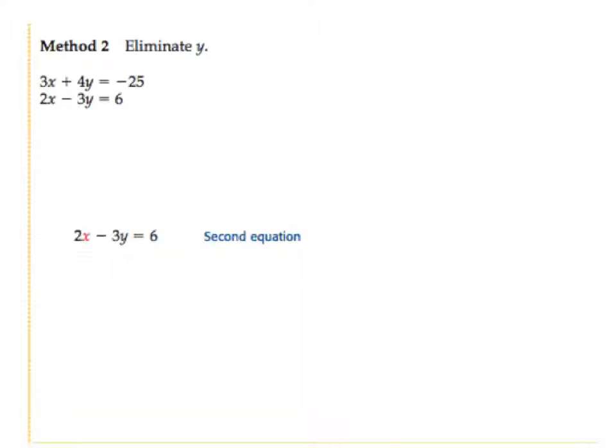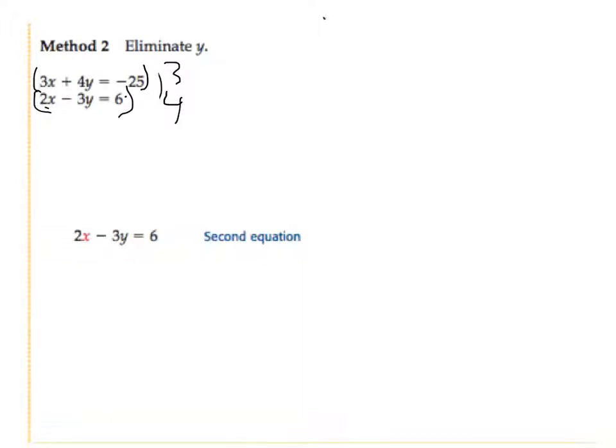So in order to eliminate the y, we need to get the common multiple between 3 and 4. The common multiple between 3 and 4 is 12. So we're going to multiply the top by 3 and the bottom by 4. Let me redo this. The top by 3 and the bottom by 4.